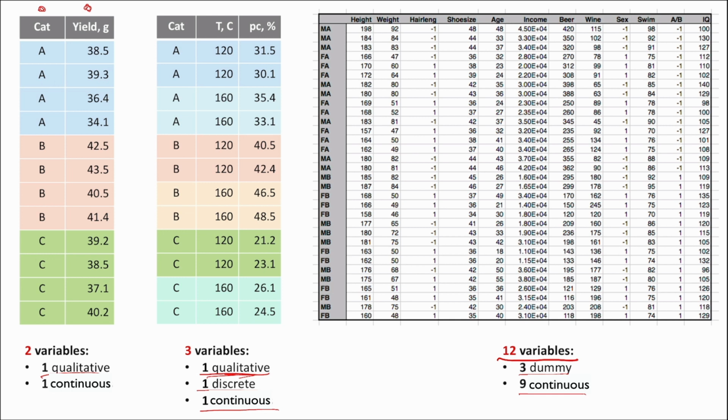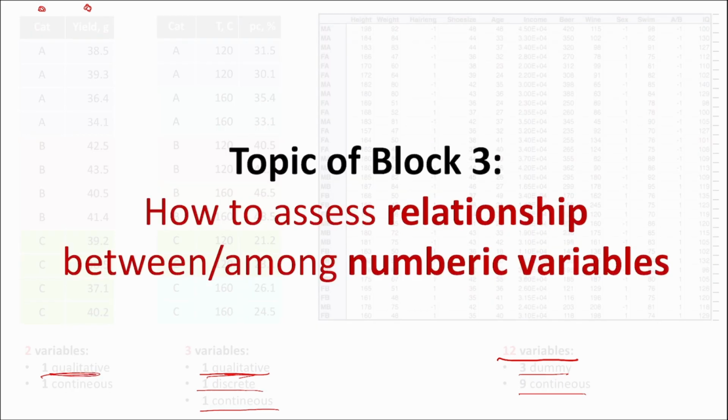Here we will deal with multivariate datasets where all variables are numeric, and that's the main difference. So we will learn how to deal with numeric variables, how to find if there is any relationship between these numeric variables, and also how to evaluate this relationship, how to get a number that tells how strong this relationship is. So this is exactly the topic of block number 3: how to assess relationships between or among numeric variables.